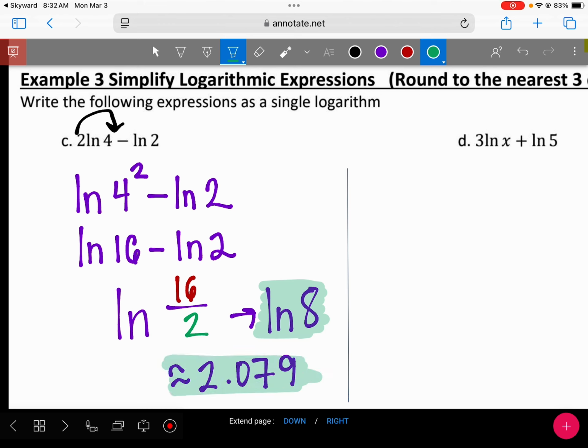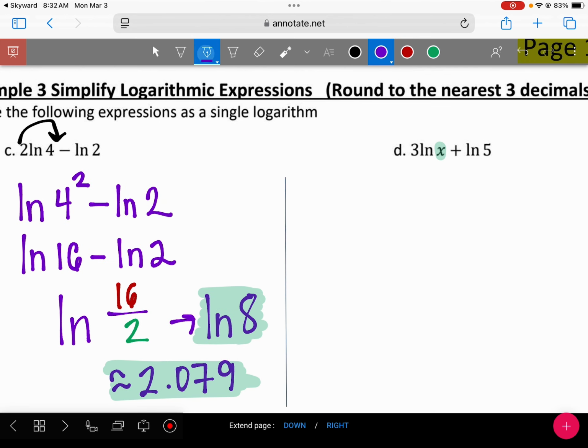Now we can only use our calculator when we don't have variables. Now when we look at D, D has an x. So we won't be able to use our calculator because we don't know what x is. But we can condense it down. First thing I see is that we have an exponent, so we're going to move that. It becomes the natural log of x cubed plus the natural log of 5. And then what does addition become? Multiplication or a fraction?